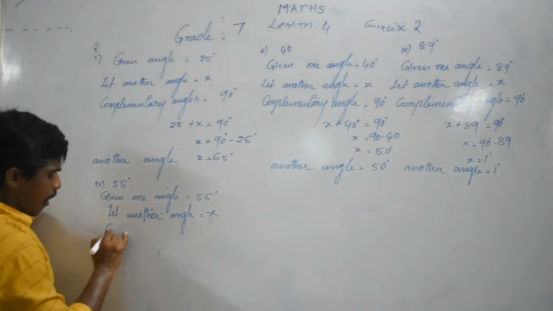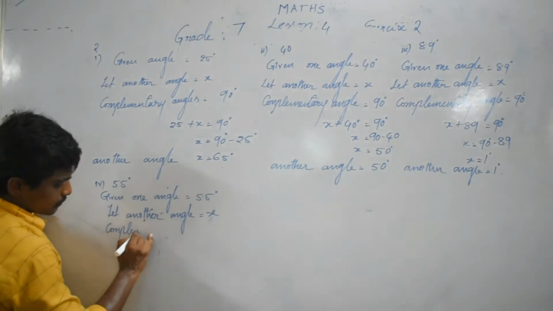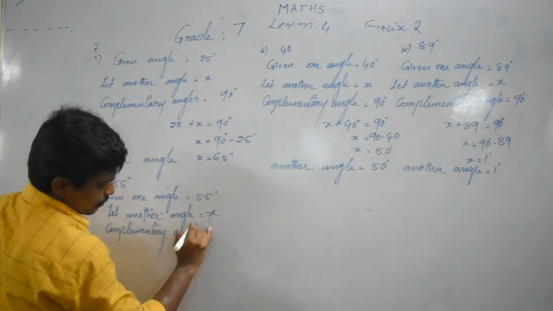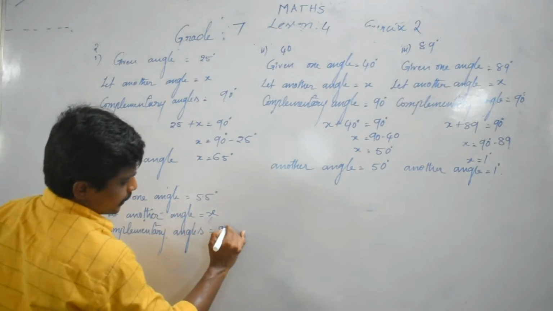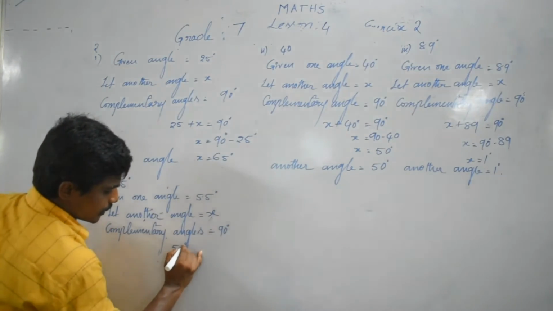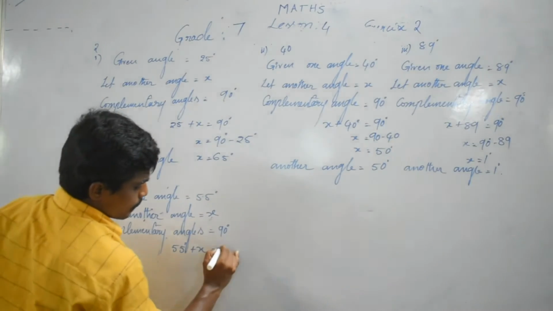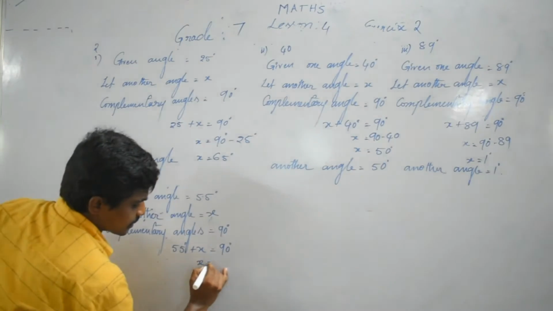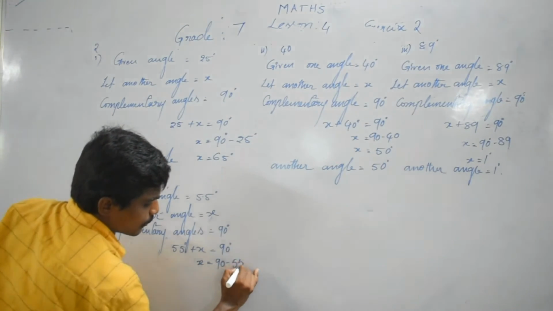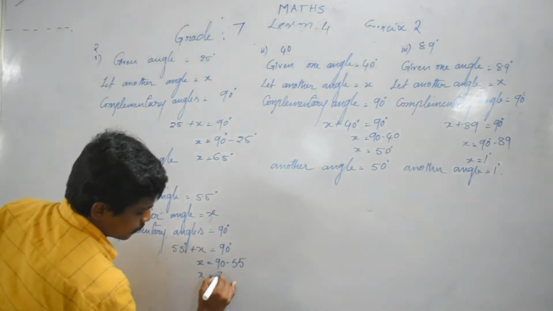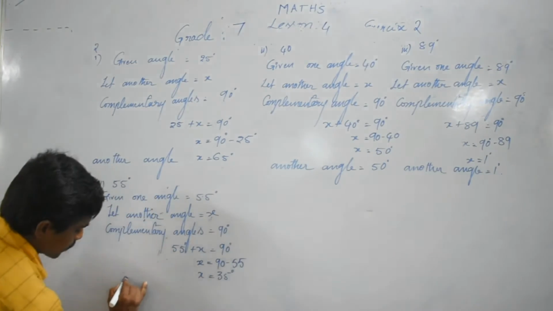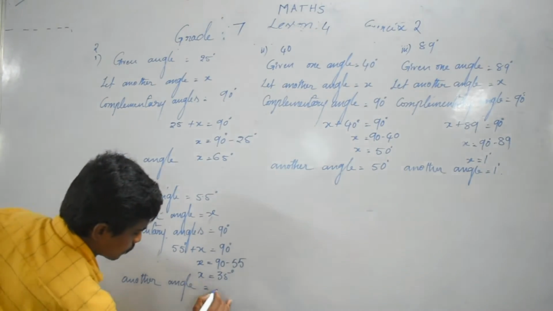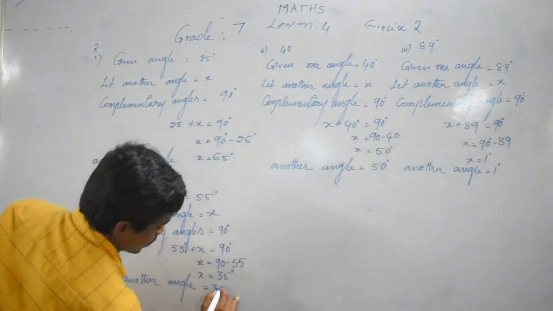So here complementary angles is equal to 90 degrees. So 55 degrees plus x equal to 90 degrees. 55 moving to this side, x equal to 90 minus 55, x equal to 35. So the other angle is equal to 35 degrees.